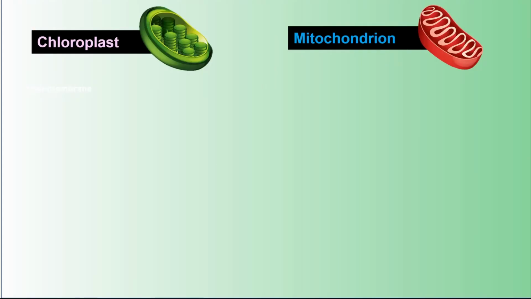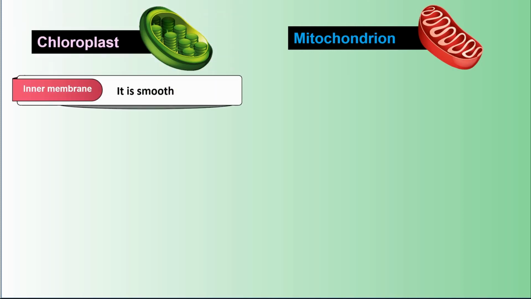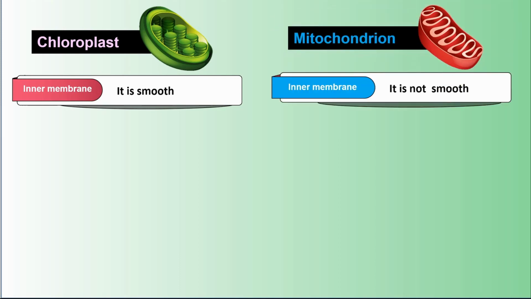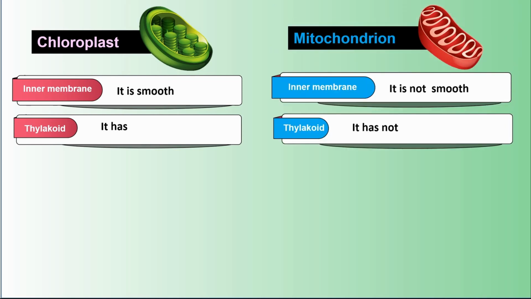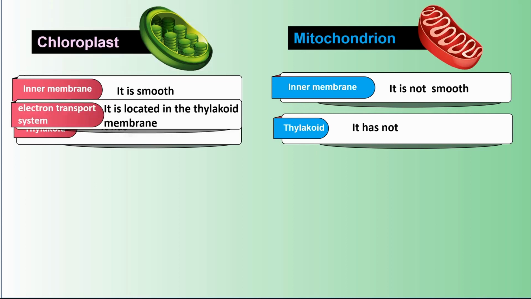Now I want to compare chloroplast with mitochondrion. Inner membrane of chloroplast is smooth, but inner membrane of mitochondrion is not smooth. Chloroplast has thylakoid, but mitochondrion has no thylakoid.